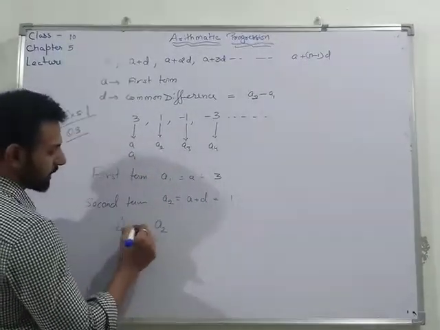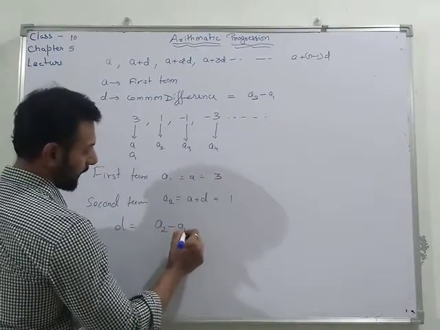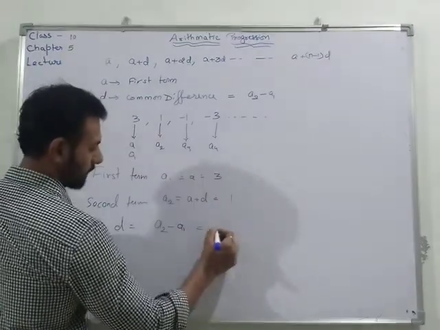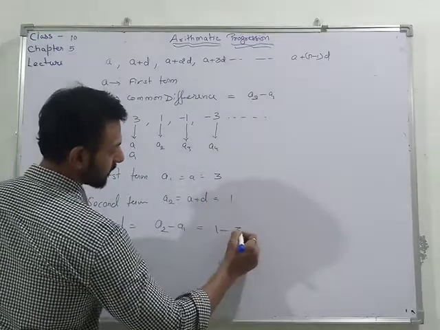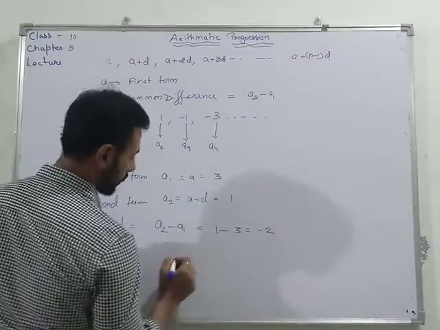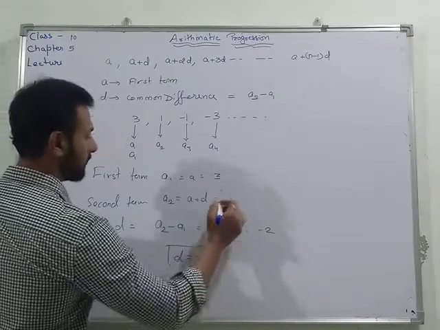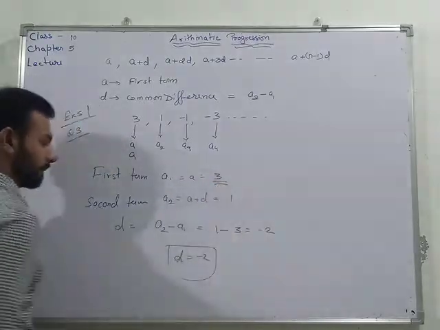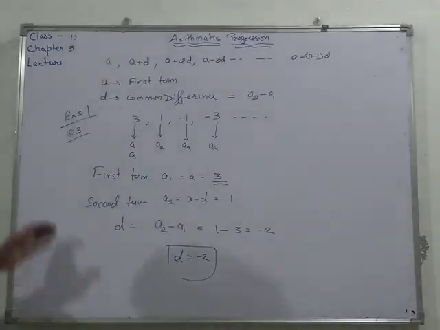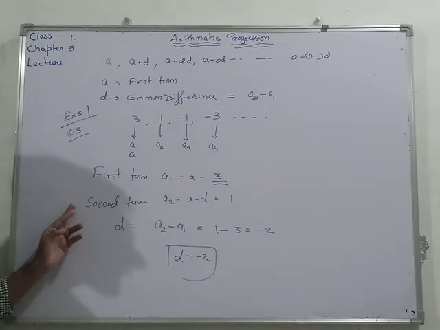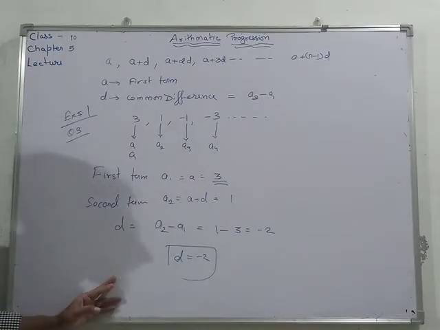Common difference d is A2 minus A1. A2 is 1 minus A1 which is 3, so this will be minus 2. So common difference will be minus 2 and first term will be 3. In this manner we have to identify the first term and the common difference.